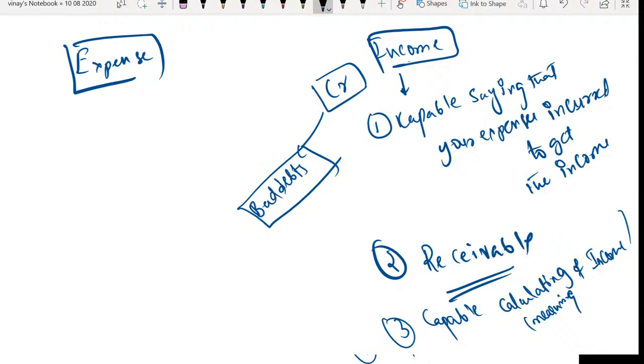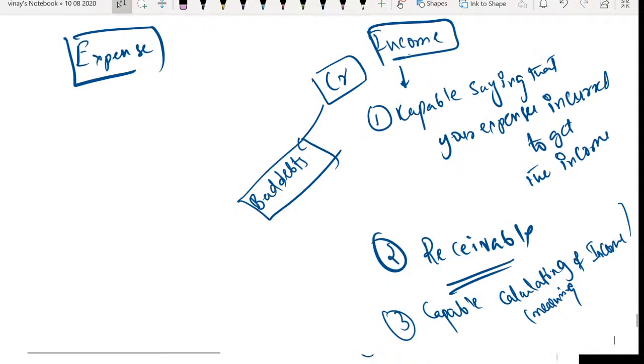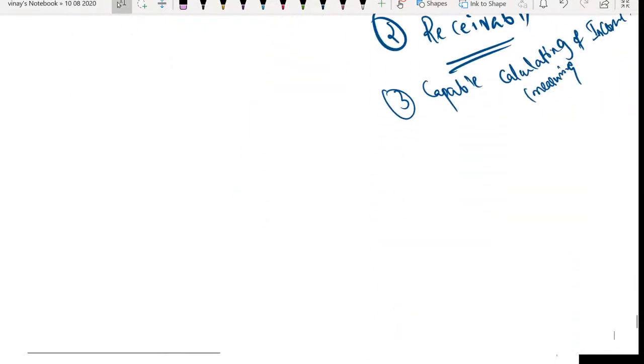There is no certainty that I will sell to him and receive the price. When you cannot decide upon your price or your receivability, you cannot recognize your income. This is related to your profit and loss account, so this is a point you have to remember when you're doing it.